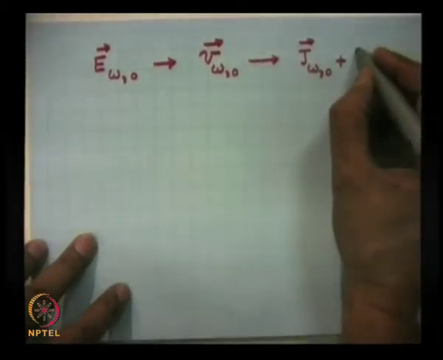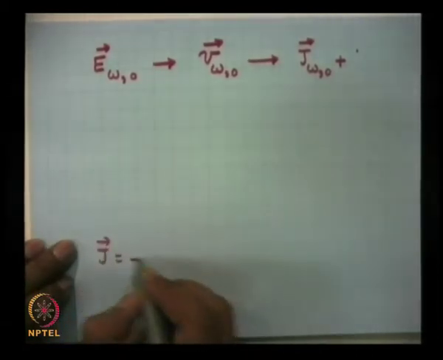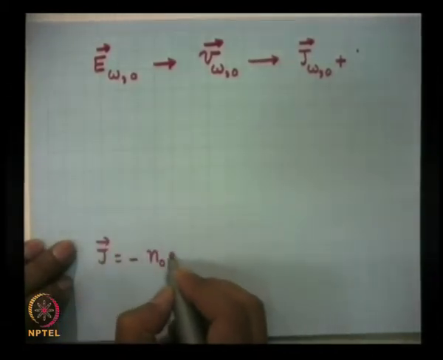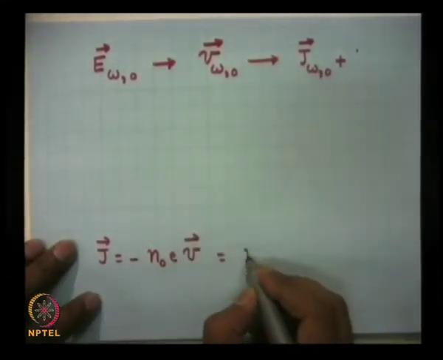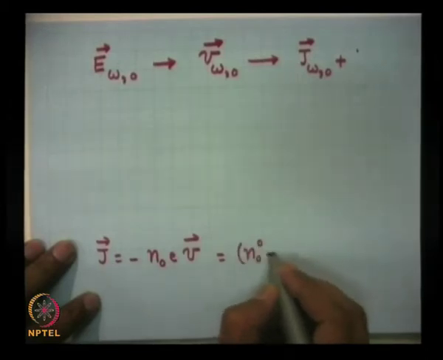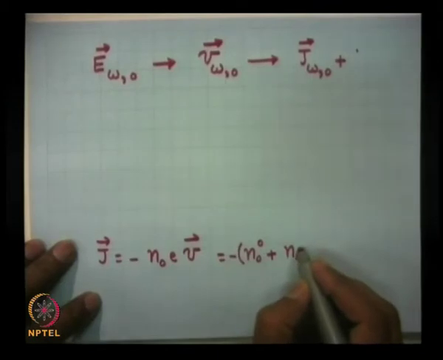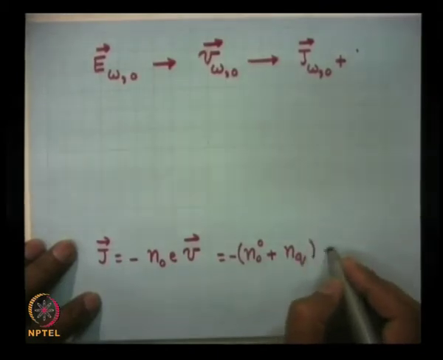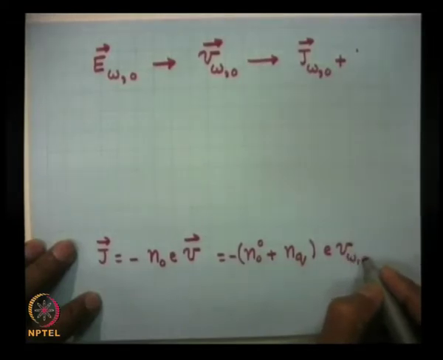That will be because J is equal to minus N0 E V. N0 has two parts, the N0 0 part plus the NQ part, times E V, and I am taking omega 0.